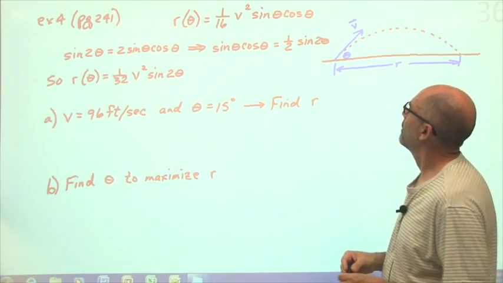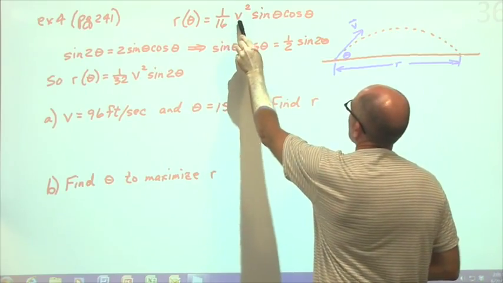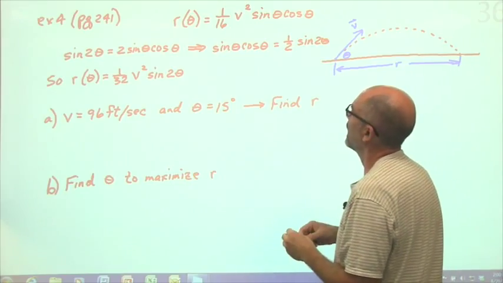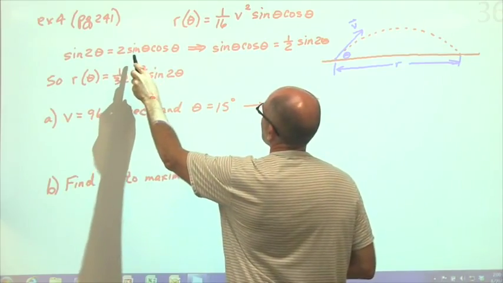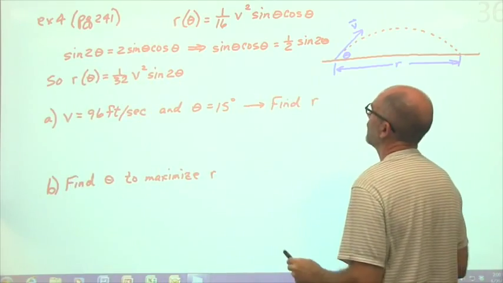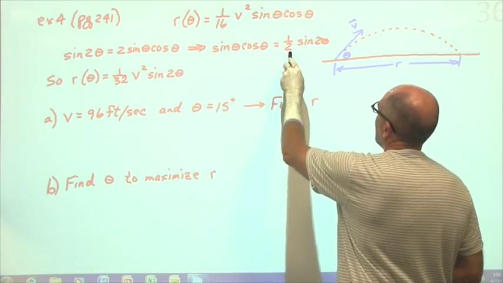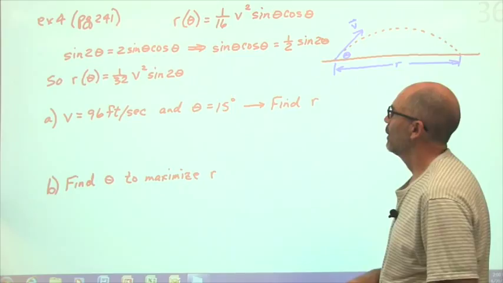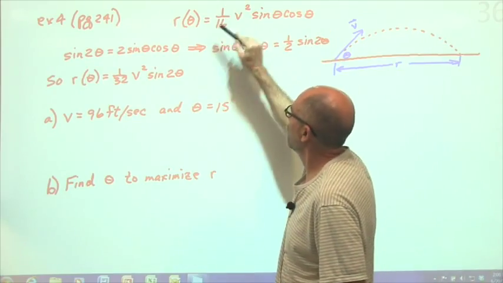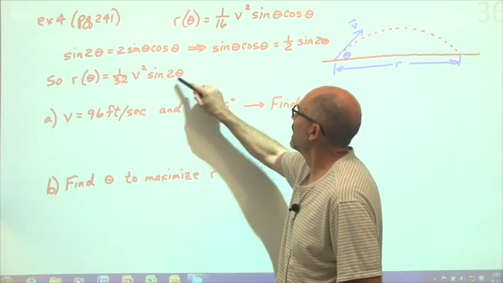So if r equals 1/16 v squared sine theta cosine theta, I'm going to say, since 2 sine theta cosine theta is sine 2 theta, then that means 1 sine theta cosine theta is going to be a half sine 2 theta. So when I put the 1/2 sine 2 theta in, I multiply 1/2 times 1/16, I get 1/32 times v squared sine 2 theta.